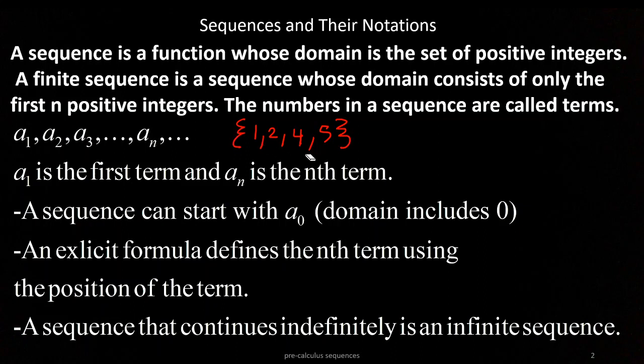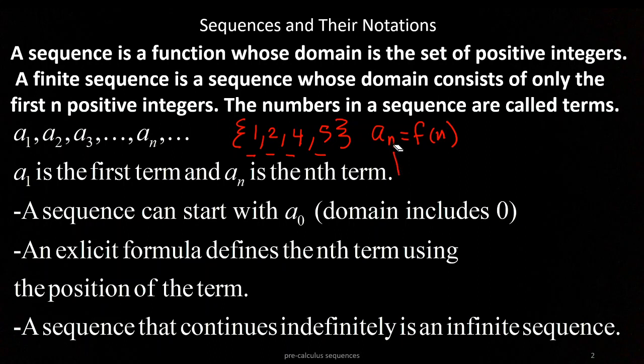It's a finite sequence because it has a finite number of members, and the members are called terms. So this one is the first term, second one, second term, third term, fourth term, right? So the way it works is that we have some kind of function, we call it a sub n or f of n, and this n here is an integer.